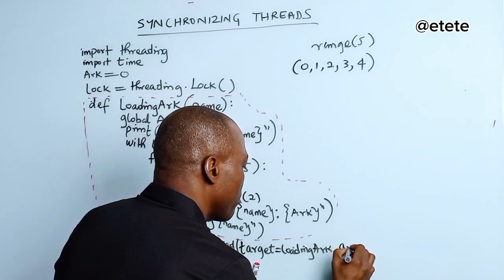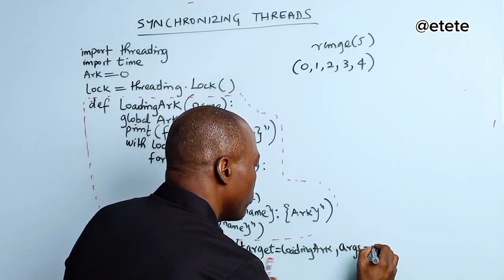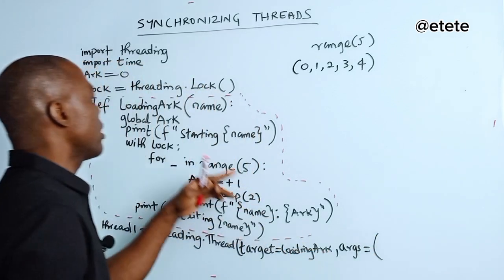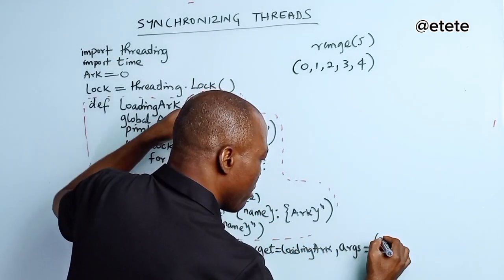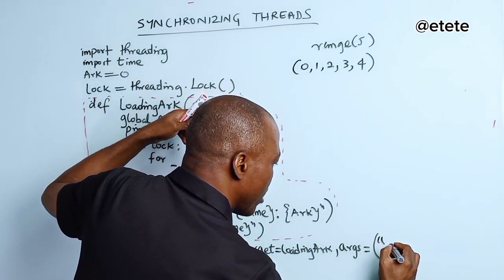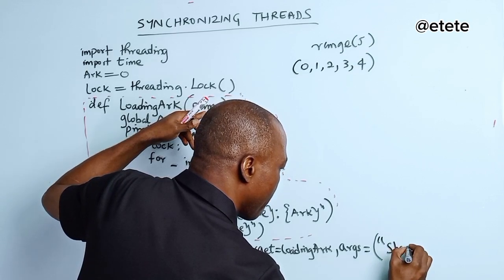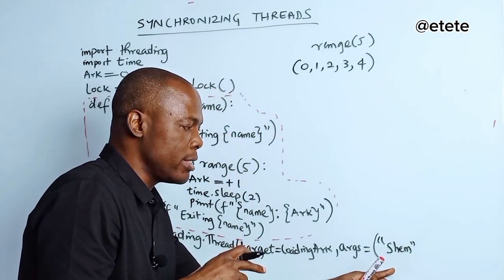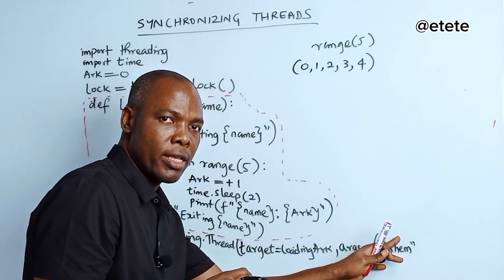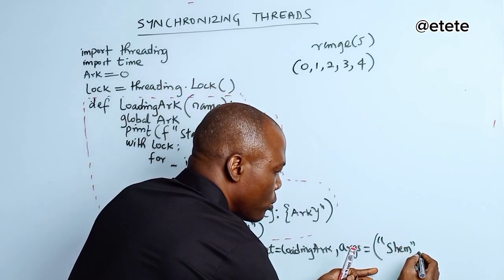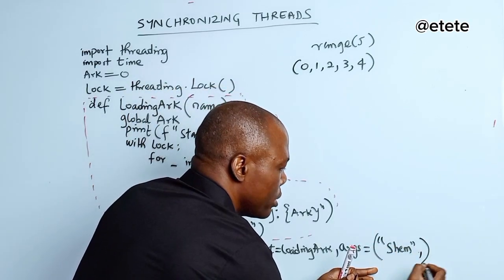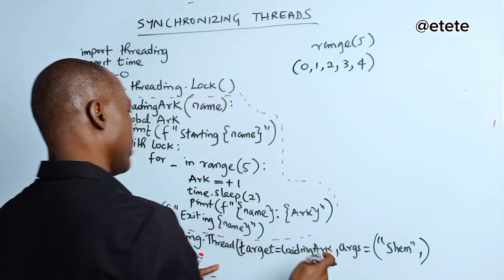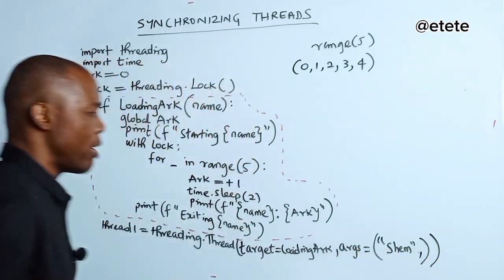The argument will be the name. I will say Shem, right? Now, it is not just a string. It is a tuple. So I'm going to put a comma here. And then I will close this, and then I will have this other one closed.